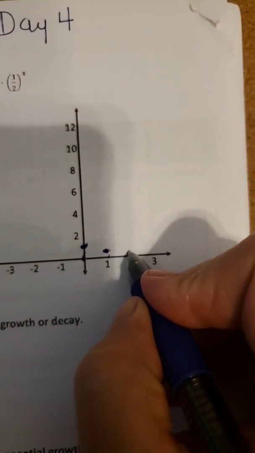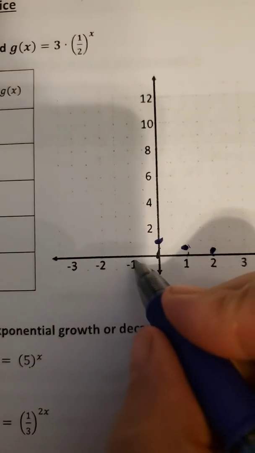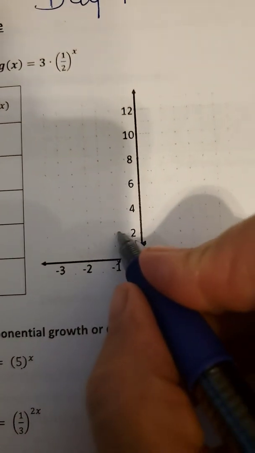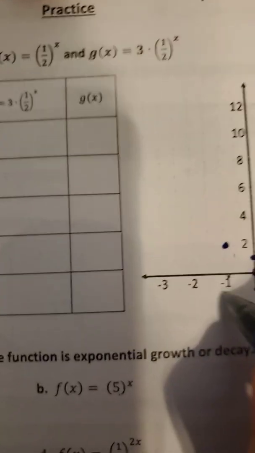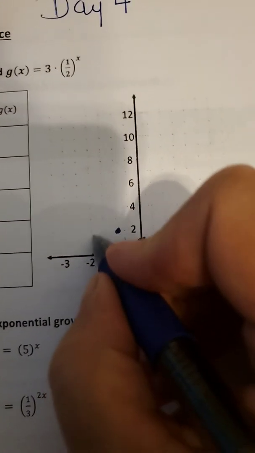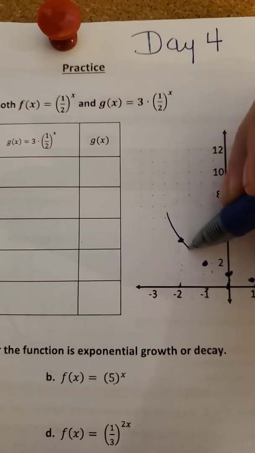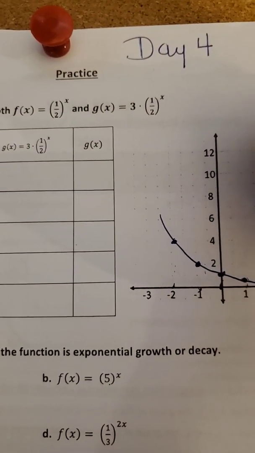So I have it right here. And I'm going to go back up to my negatives. So -1 is 2, so -1 is up here. And -2 is 4. So -2 is 4.